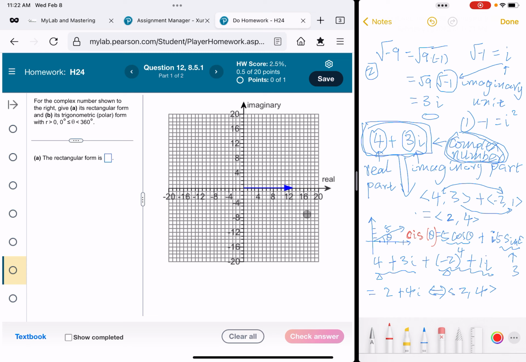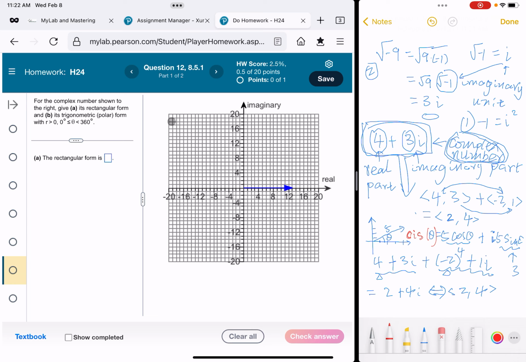With those things in our mind, we may do question A. The rectangular form is what? You may want to put it right here. And for this one, it goes from 0 to 13, then 14, 15, 16.